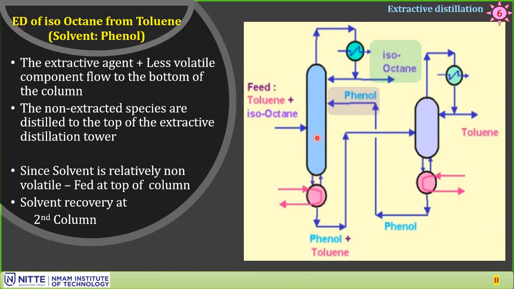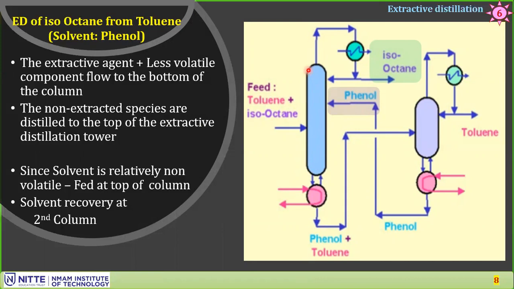The vapor is issued upward. Now here you add the phenol. Phenol is added at the top. Usually the solvent that you add has a high boiling point, so it won't evaporate that easily. It is difficult to get the vapors of that. If you add phenol somewhere in the bottom, the upper section may not come into contact with phenol. That is why phenol is added from the top.